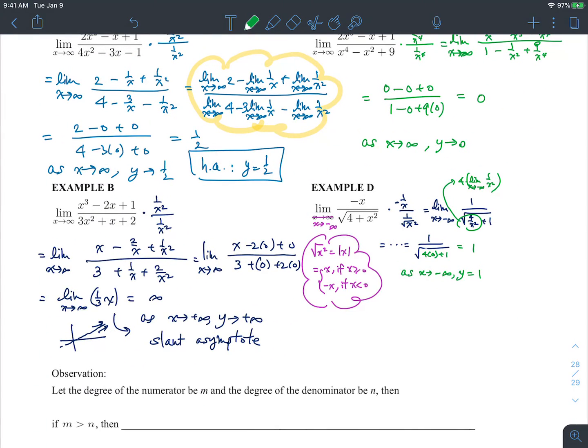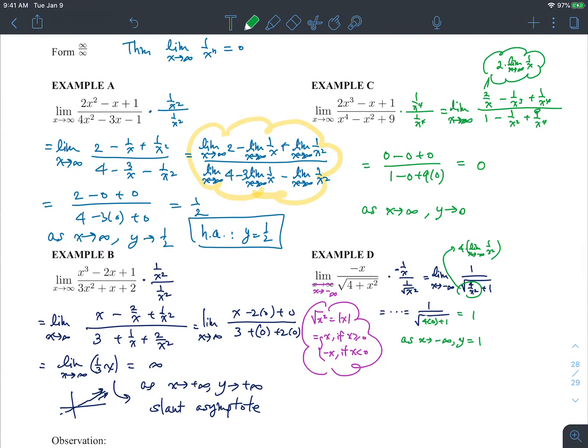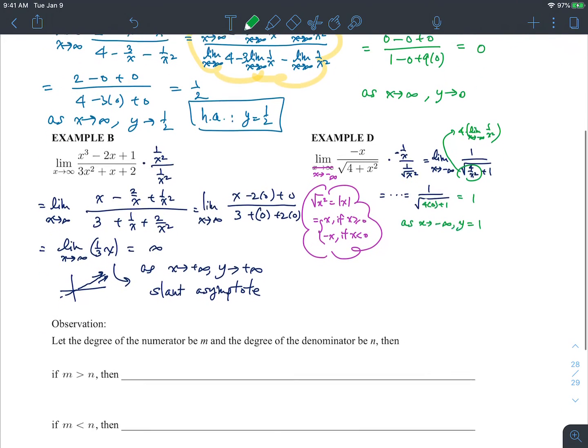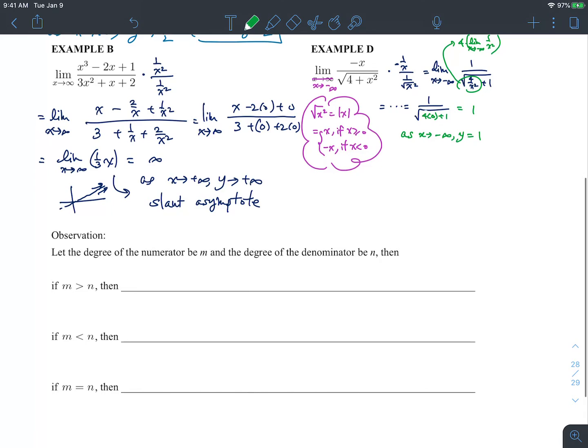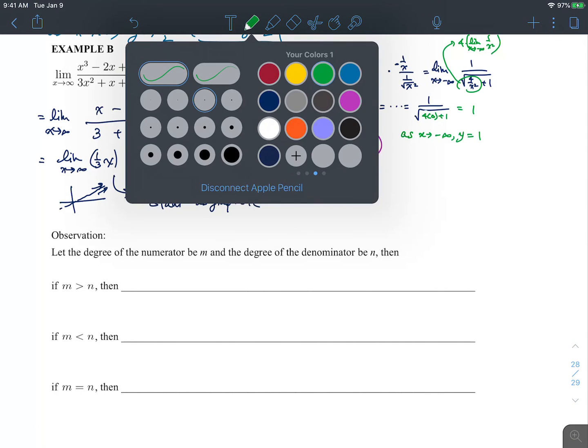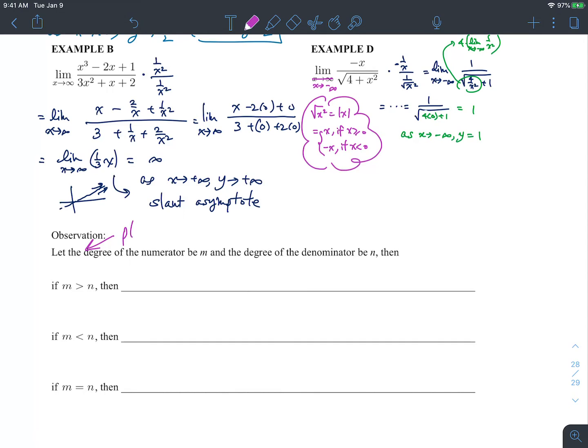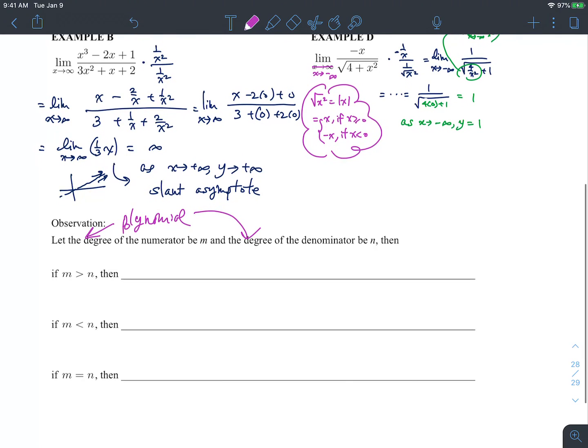So that was it, guys. So this page is completely packed. So we have an observation, guys. If the numerator has polynomial degree m, and the polynomial degree of the denominator is n, and the numerator is bigger, essentially the limit as x goes to either positive or negative infinity, f of x becomes either positive or negative infinity, right?